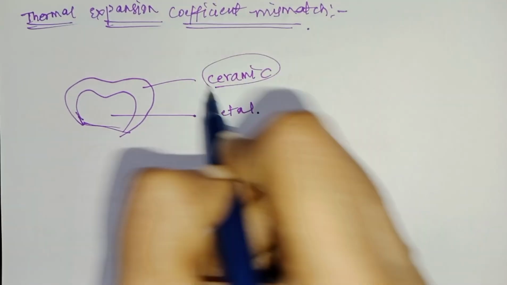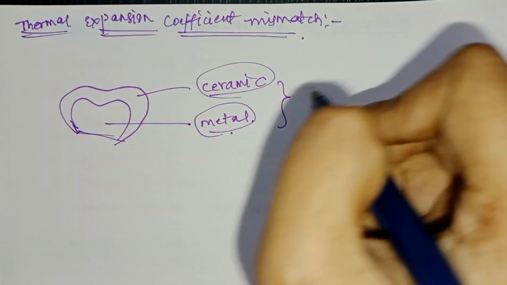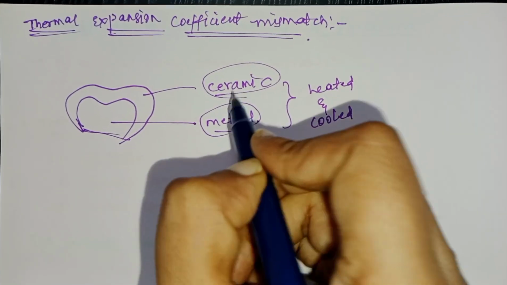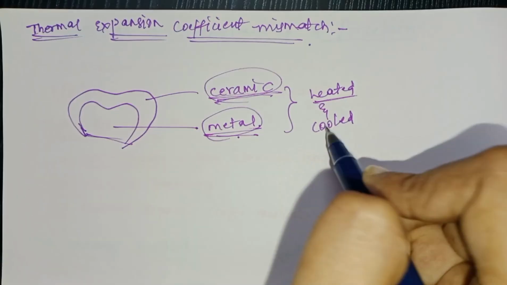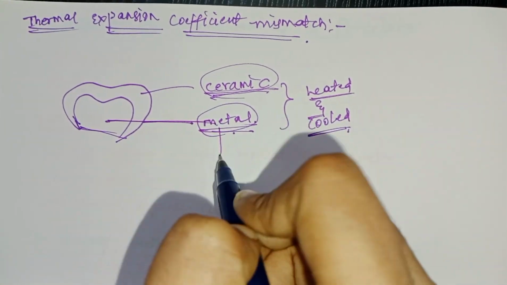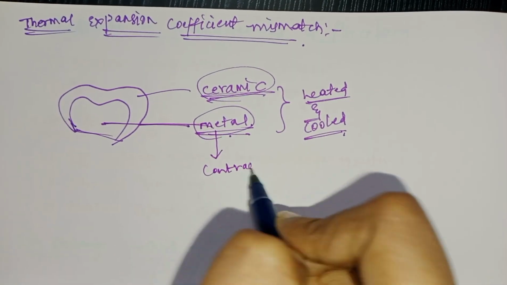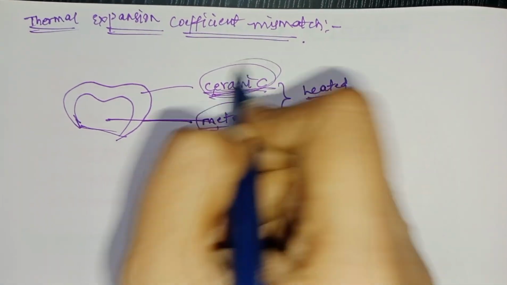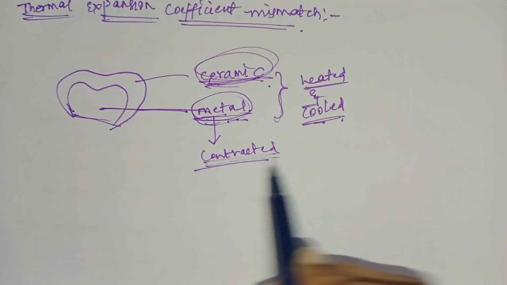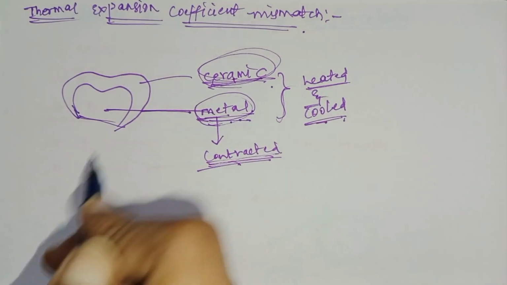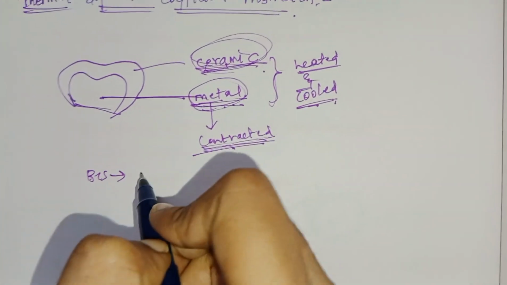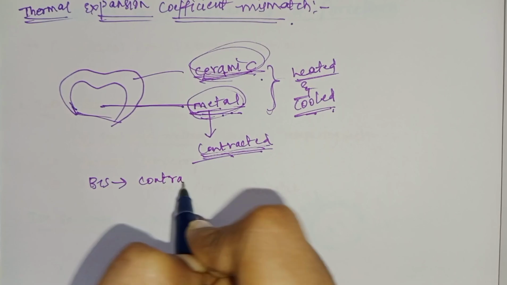When both the ceramic and the metal are heated and cooled together, the metal contracts more than the ceramic.